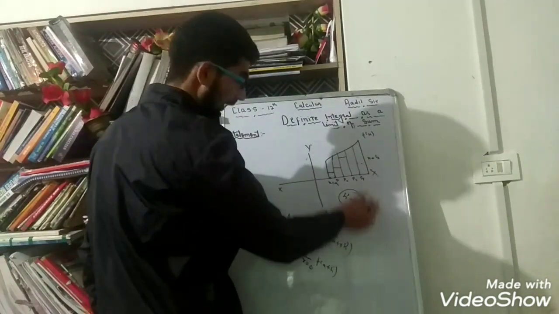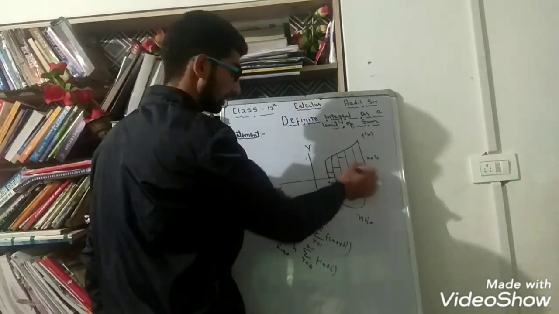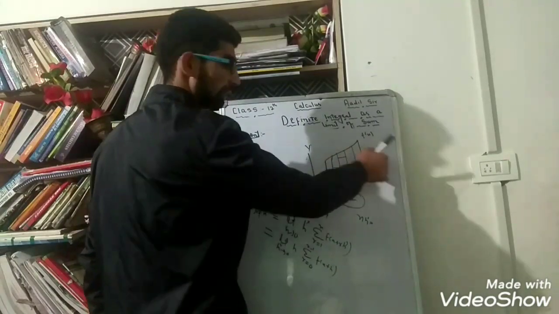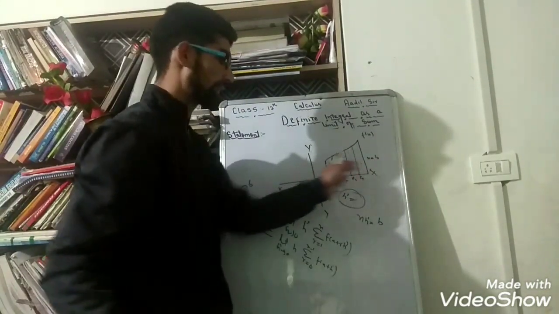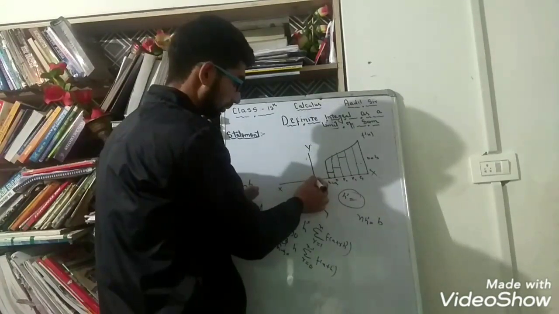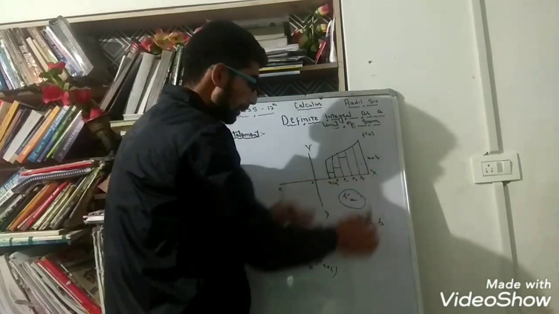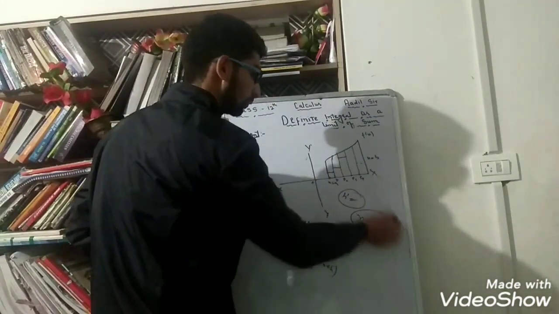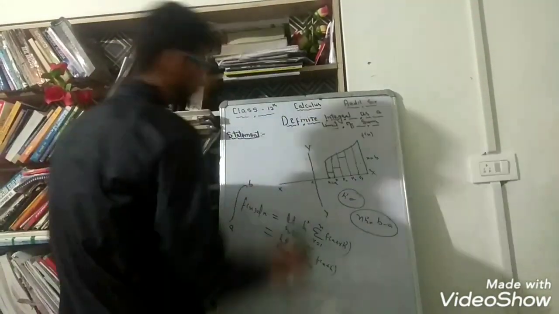But we know that the distance from x is equal to a to x is equal to b is equal to the whole distance from the origin to b, from which we exclude the distance from 0 to a. So we will get nh is equal to b minus a. Now we will write this statement, and after that we will prove it.